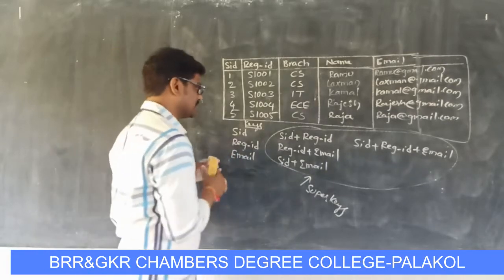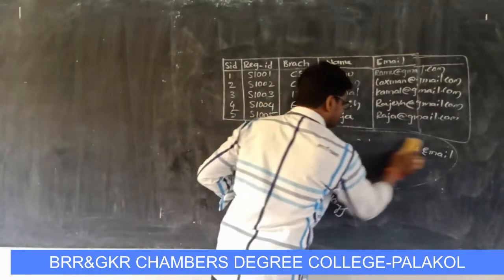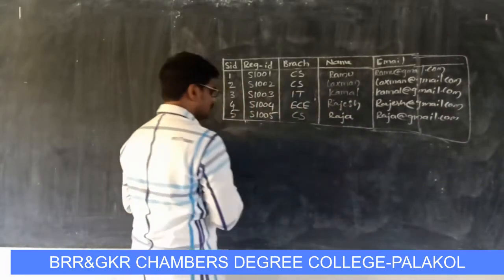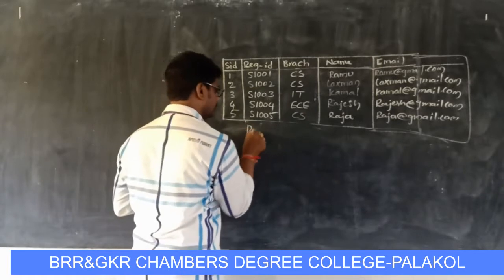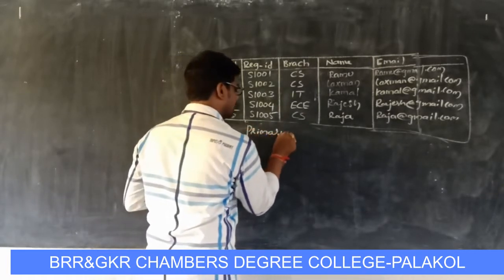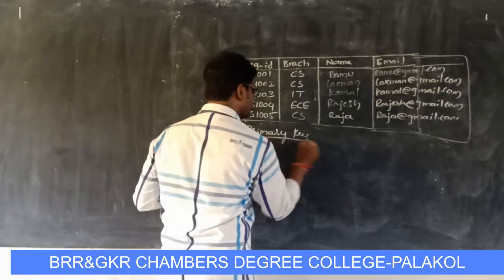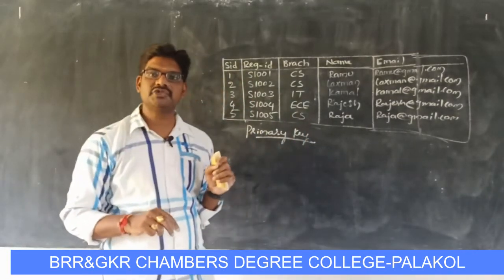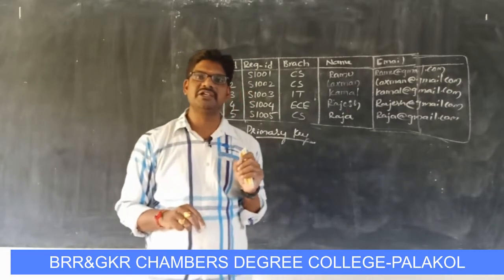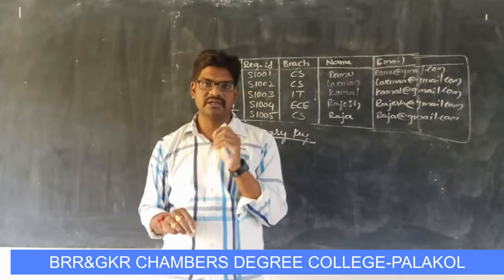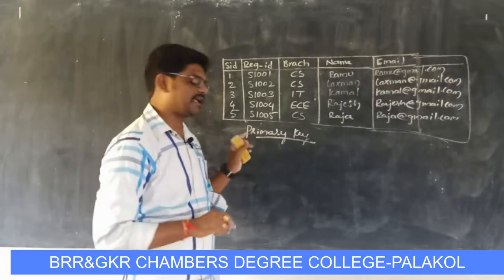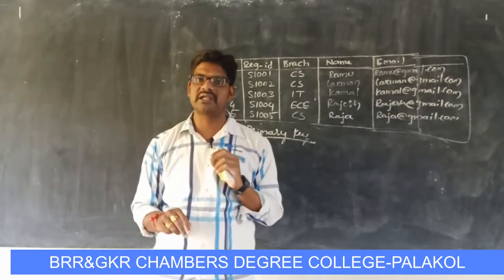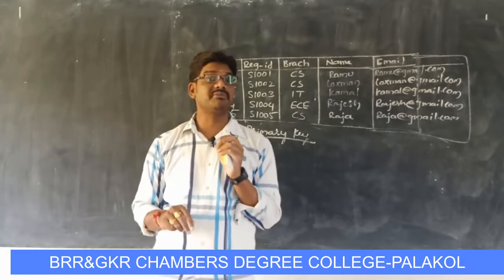Let us discuss what is meant by primary key. Very important key. The primary key is the candidate key chosen to uniquely identify each row of a table. Primary key has two properties. What are they? Primary key values cannot be null.